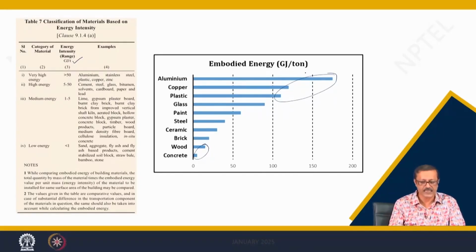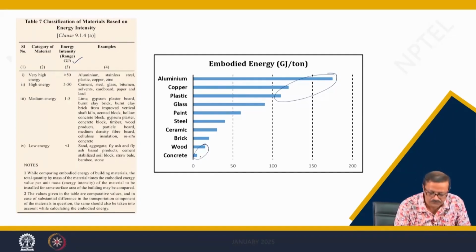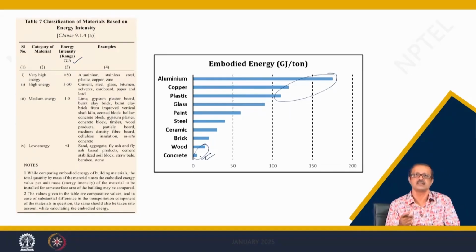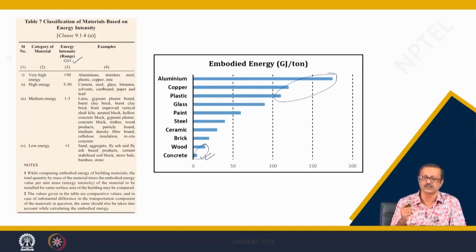So, you may say that if cement and steel are so high, why is concrete so low in this graph? Because concrete is made of steel, then cement, and also the stone and aggregates, the stone chips and the sand.